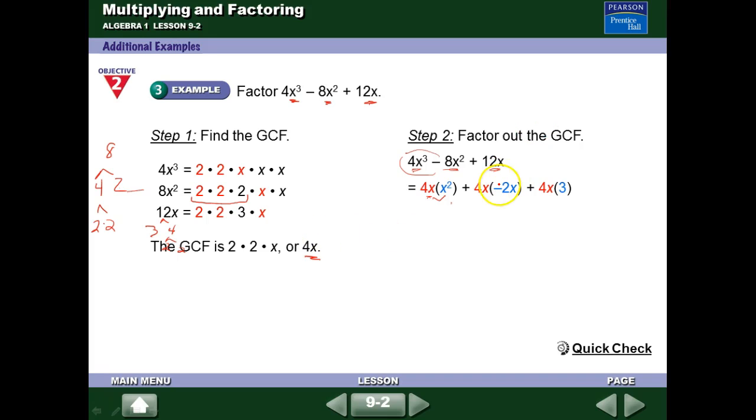Same here for negative 8x squared. I'm going to pull out a 4. What are you going to get left with? Well, negative 8 divided by 4 is going to give me a negative 2. X squared divided by x is going to give you x. So what's in blue here is what you get left with after you pull this out. Same thing happens for this last term. You get left with a 3.